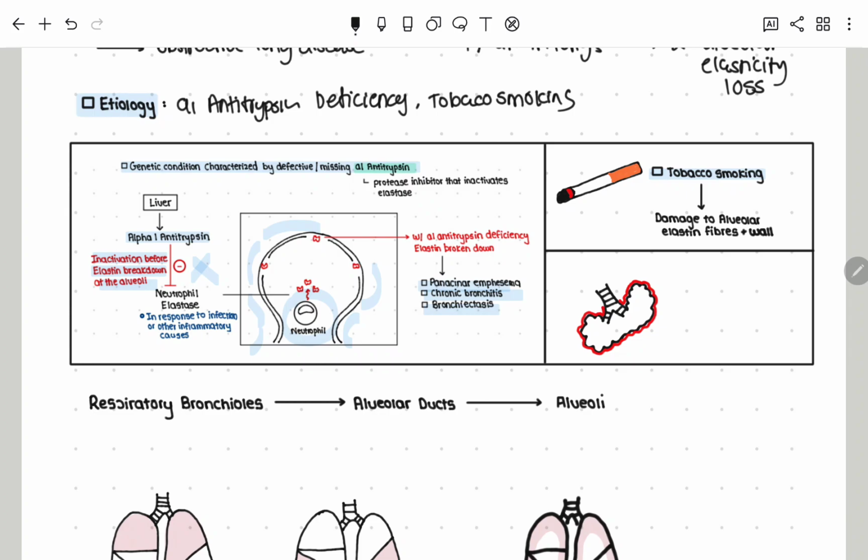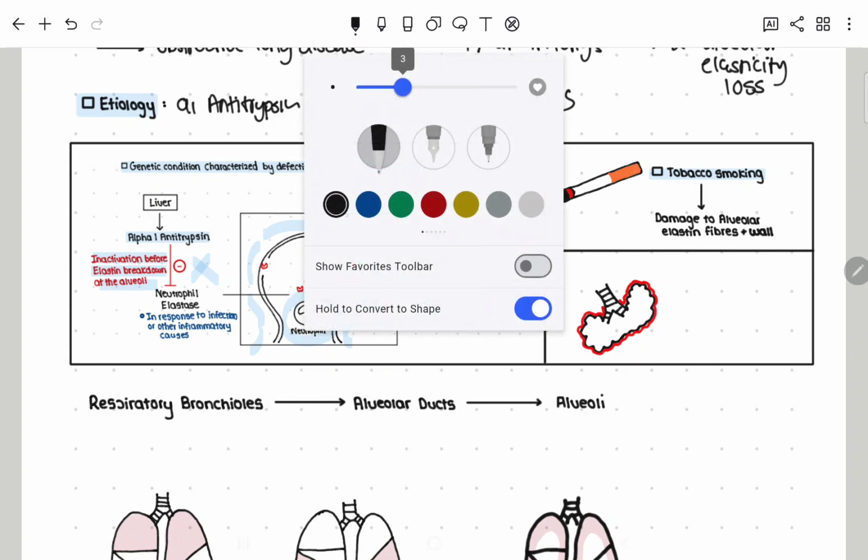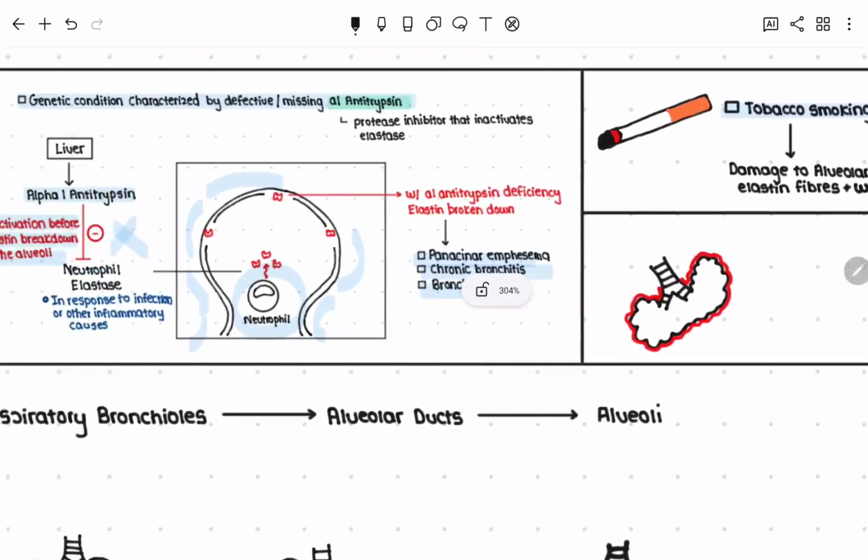And now we need to talk about what happens as far as morphology is concerned.